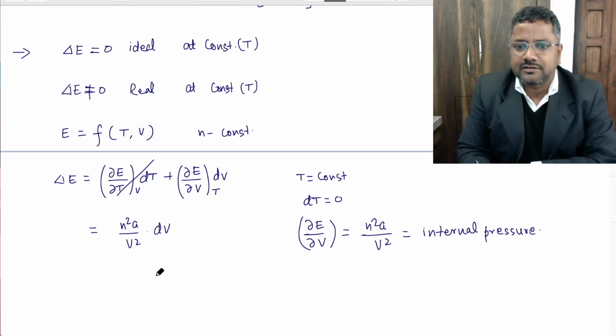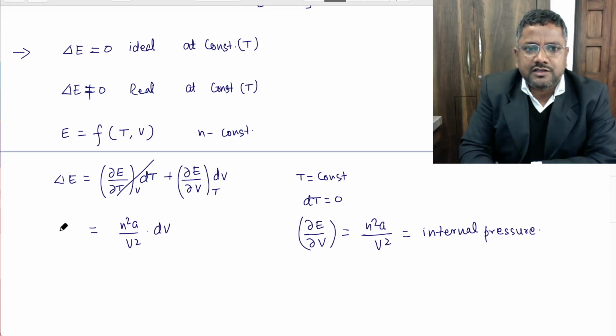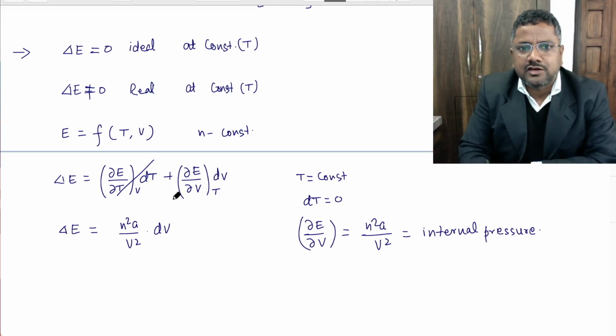So the change in internal energy with the change in volume, we can put this.